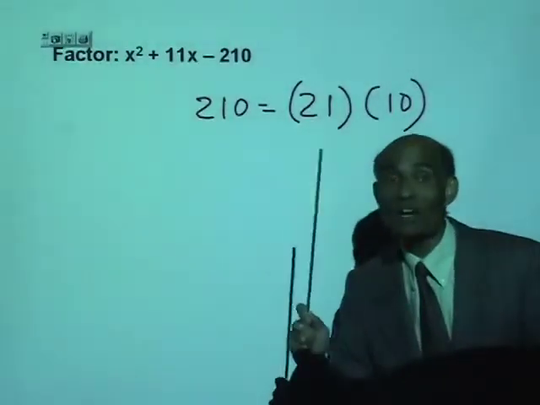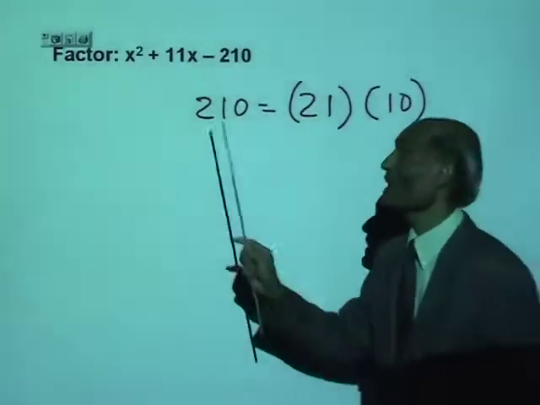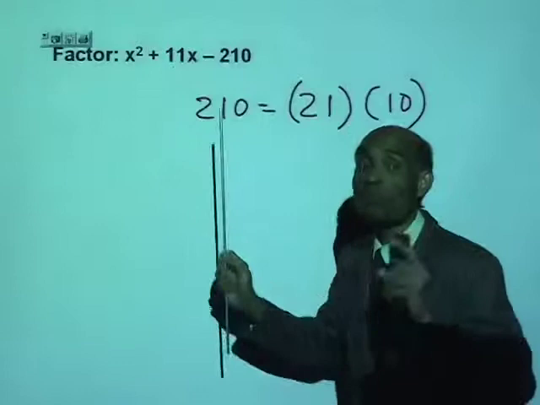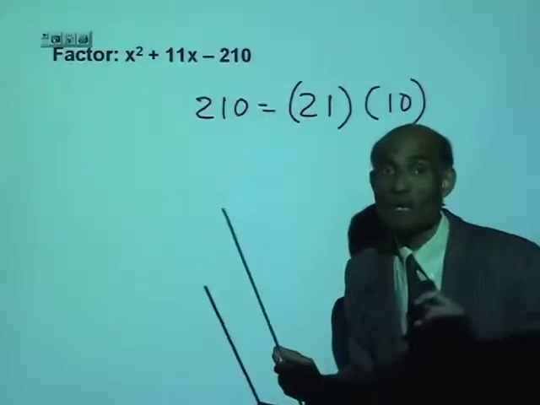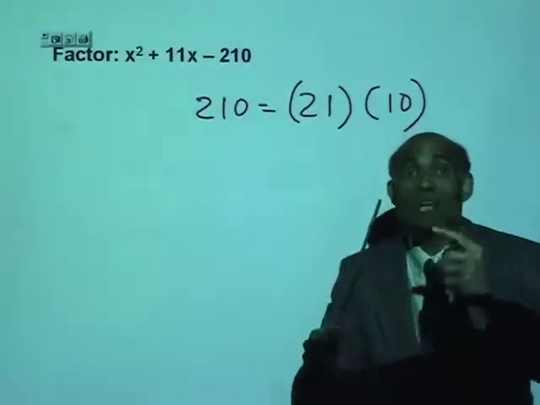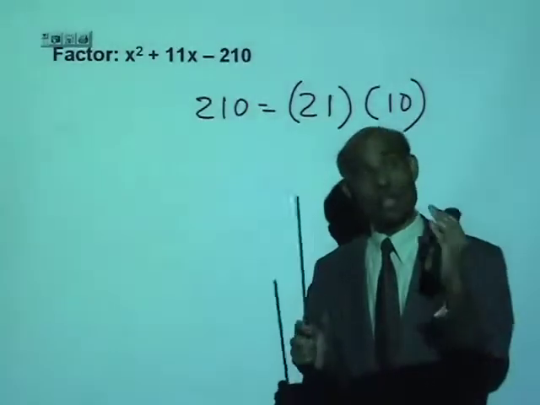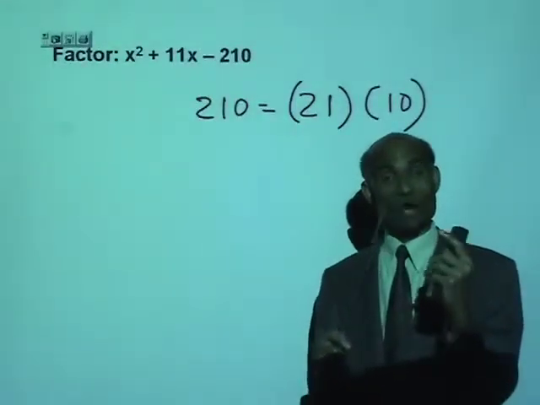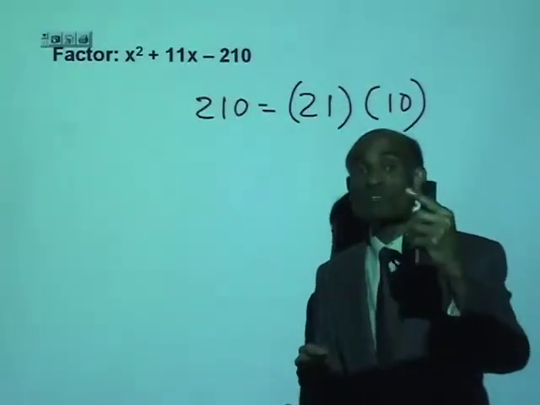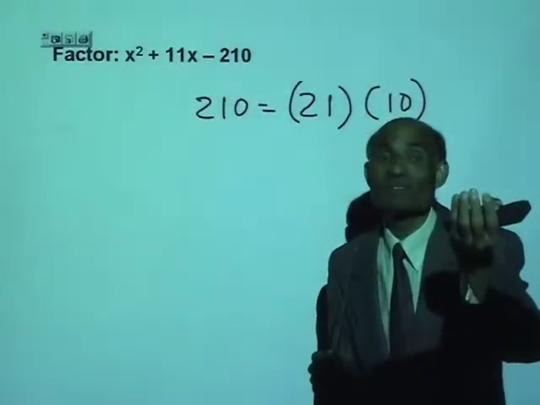How do you decide which is positive and which is negative? Now look at this. The middle term is positive. That means when you finally add, you must get a positive result. Now, when two numbers are added, the only way to get a positive result is that the bigger number must be positive.